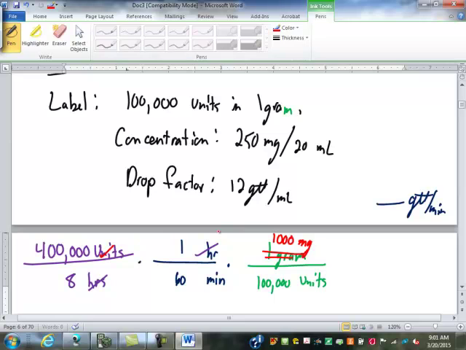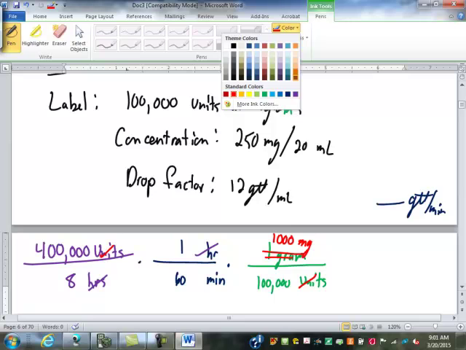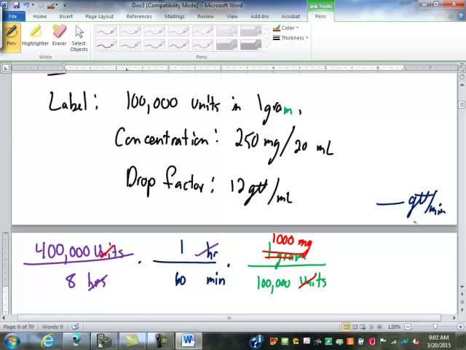So now the units are gone, and we're in either grams or milligrams. We're going to say we're in milligrams because the next step would be to convert the grams to milligrams anyway. But now we need to get rid of those milligrams. And we have, perfect, 250 milligrams to 20 milliliters.